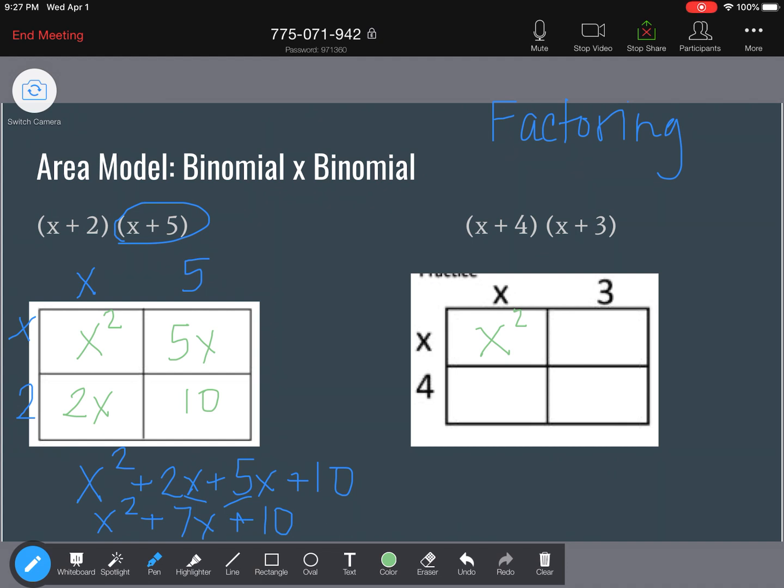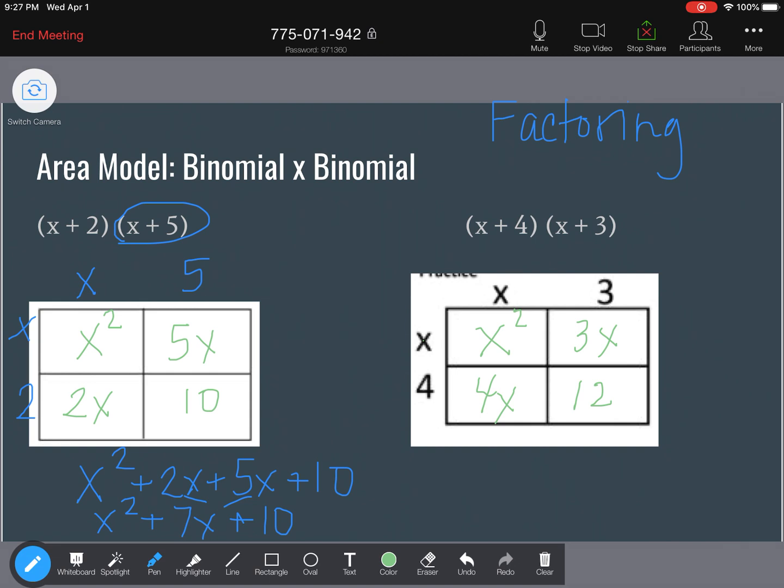Our x and our 3 gives us 3 times x, which is 3x. The 4 times the x is 4x. The 4 and the 3 to fill in that last box is 4 times 3, which is 12.